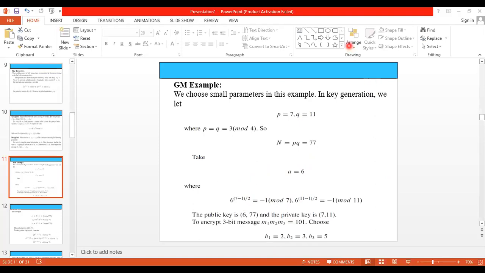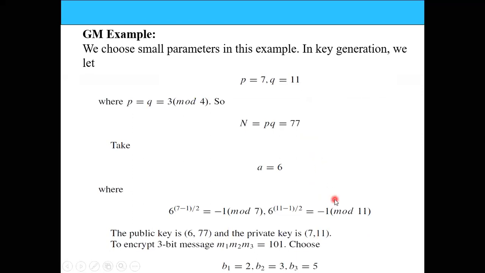It means that if you add one to 10, the number is fully divisible by 11. So one number is less while dividing by mod 11, so in that case you will get minus 1.